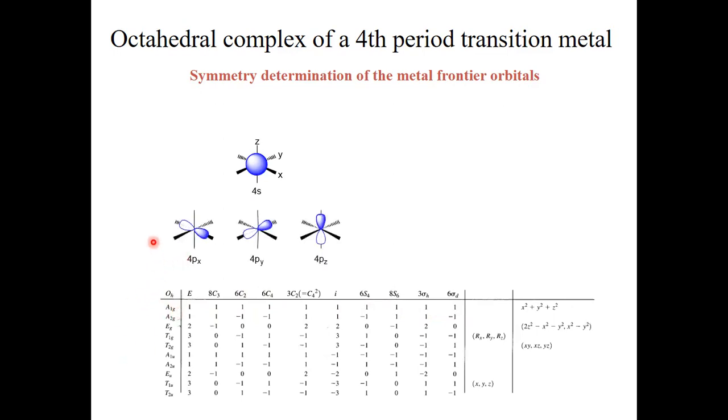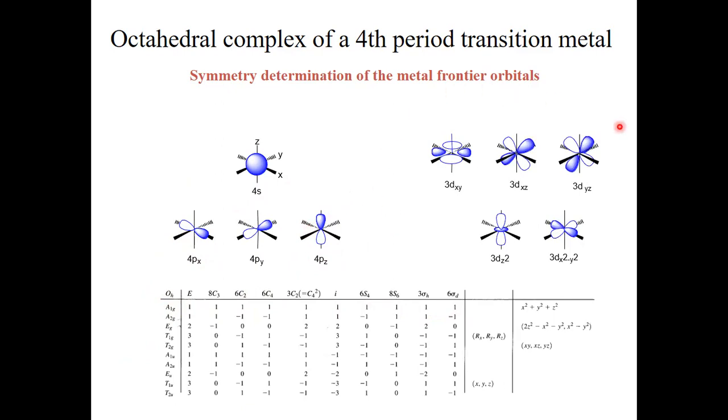So next, you look at the 4p orbitals, which are also frontier orbitals. And then also finally the d orbitals. So we already said that the s orbital has the symmetry type A1g. So what about the p orbitals?